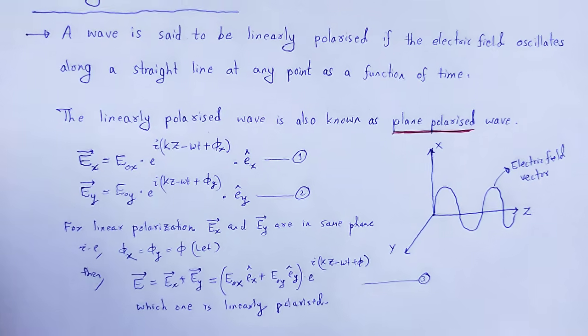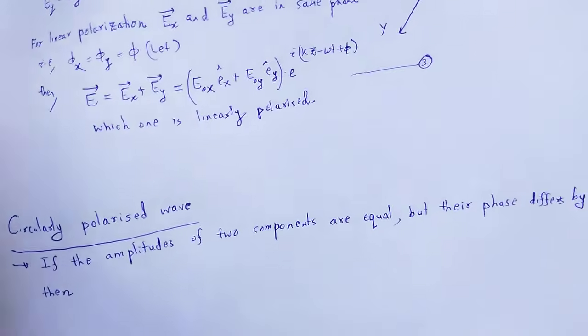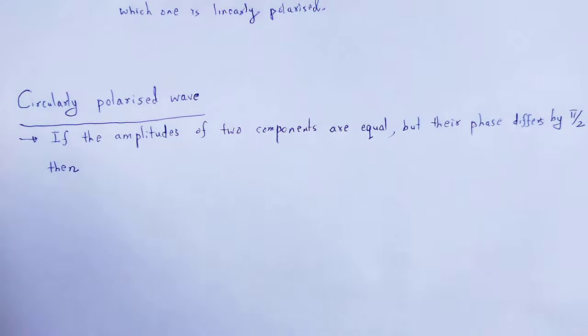The next type of polarized wave is the circularly polarized wave.